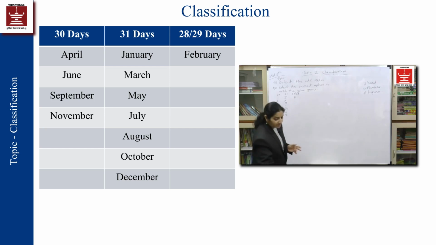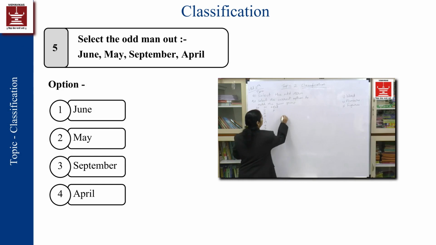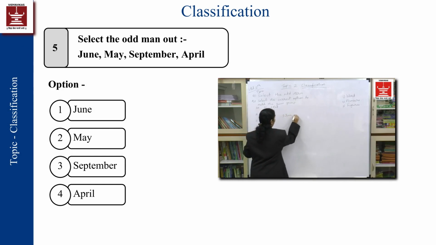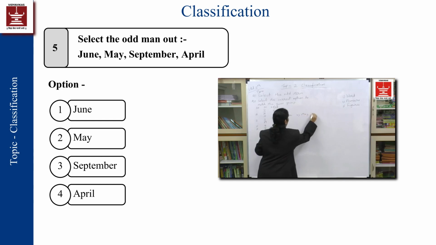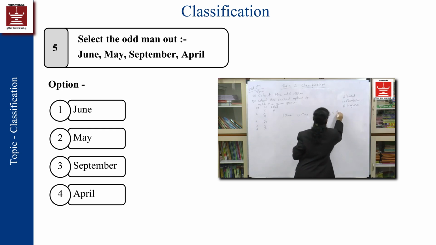Now what is used here, or what criteria do I have? In my options I may have June, I may have May, I may have September. June 30, May 31, September again 30, okay, and April 30.